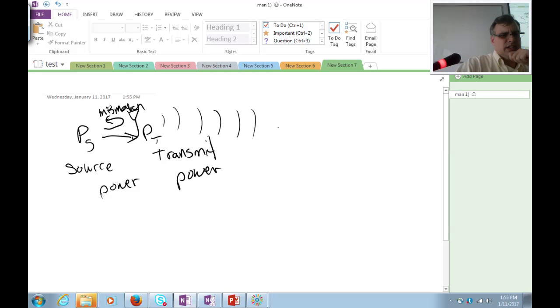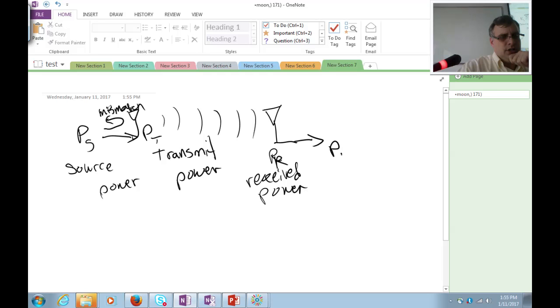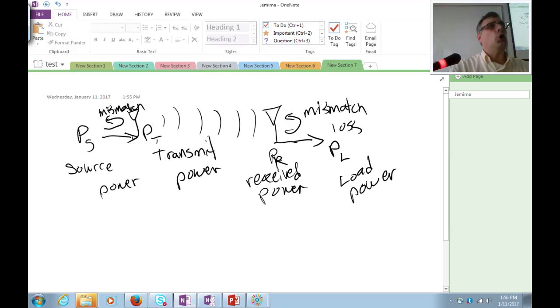And there can be a mismatch. You radiate, and you get P sub R, which is received power. And then ultimately there's load power available from that, with a mismatch loss here.